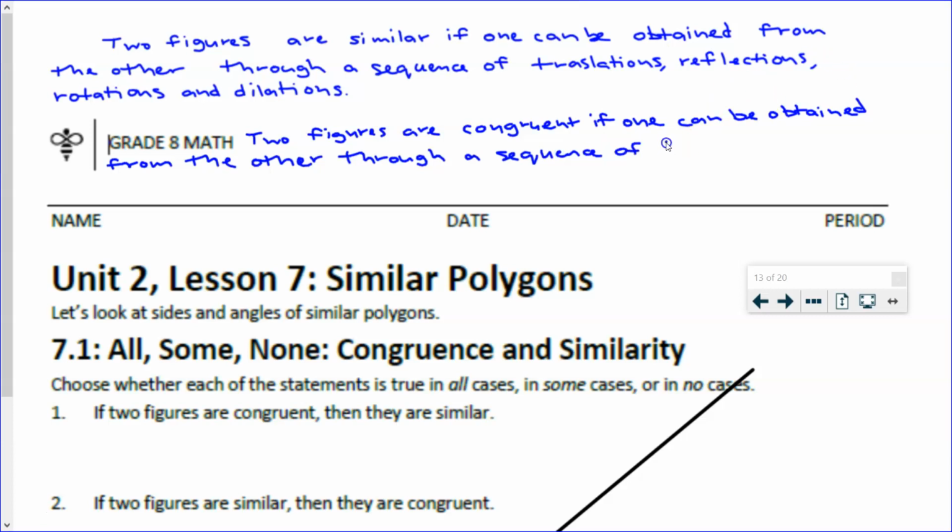Of translations, reflections, and or rotations. Which reminds me that I do actually need to fix this here and make it an and or. Oh my gosh, they're almost the same?